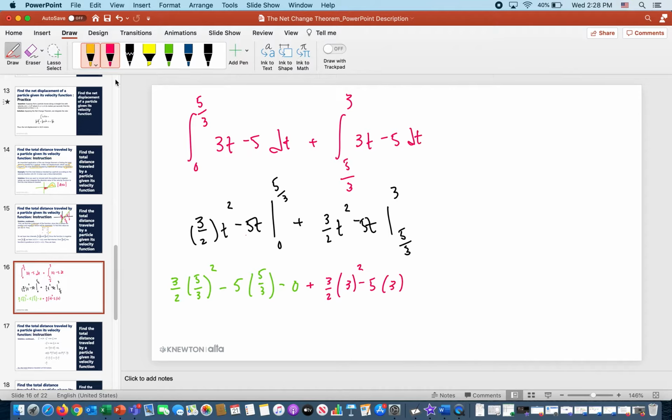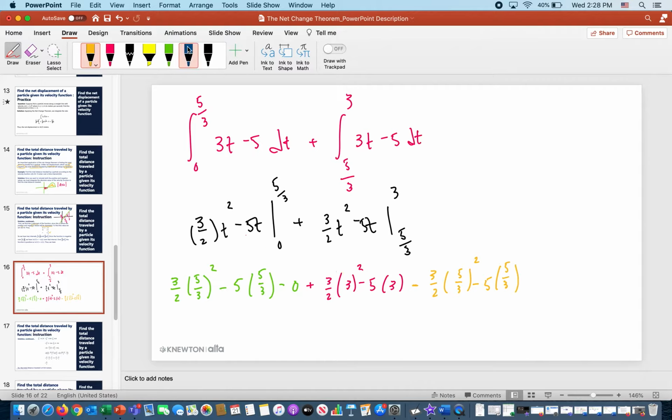Now I'm going to plug in and subtract what I get when I have 5/3. So we're going to have 3 halves times 5/3 squared minus 5 times 5/3. So this represents the displacement.